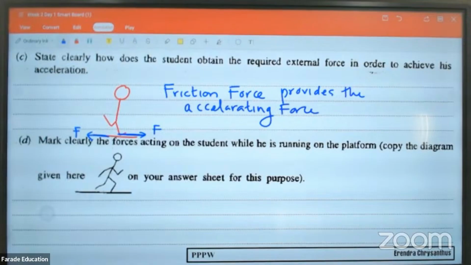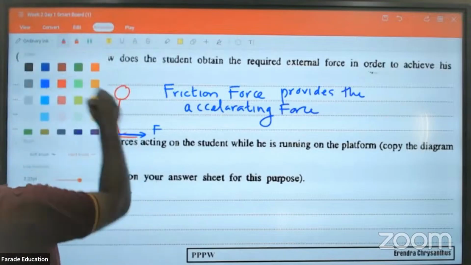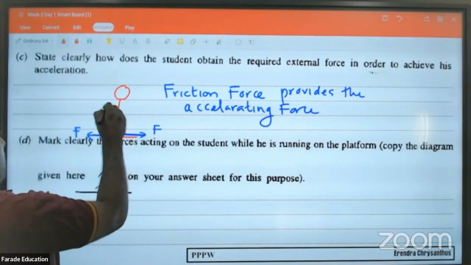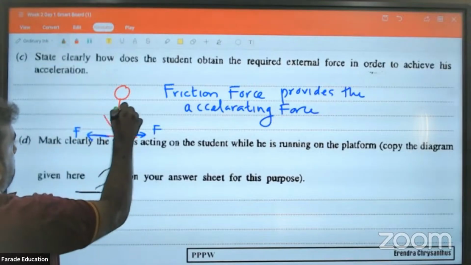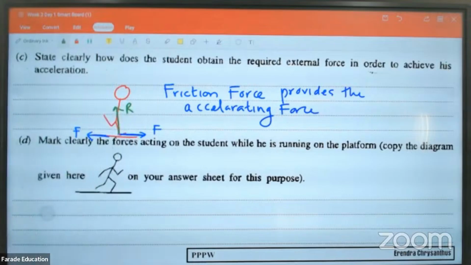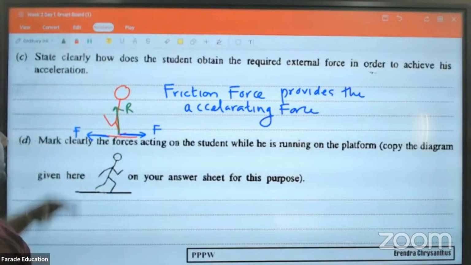This friction will cause him to move in the forward direction. I'll just mark the reactions as well, using a different color maybe. Here the reactions are also there: normal reaction, friction force. Friction force provides the required accelerating force.